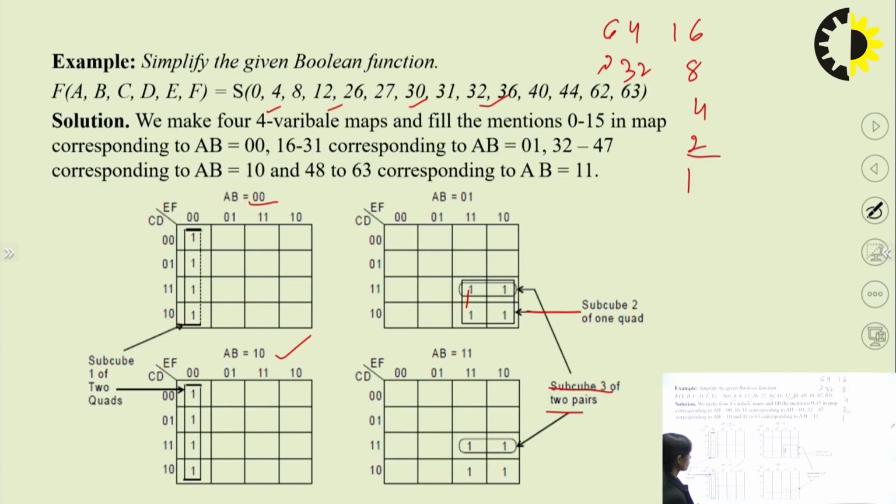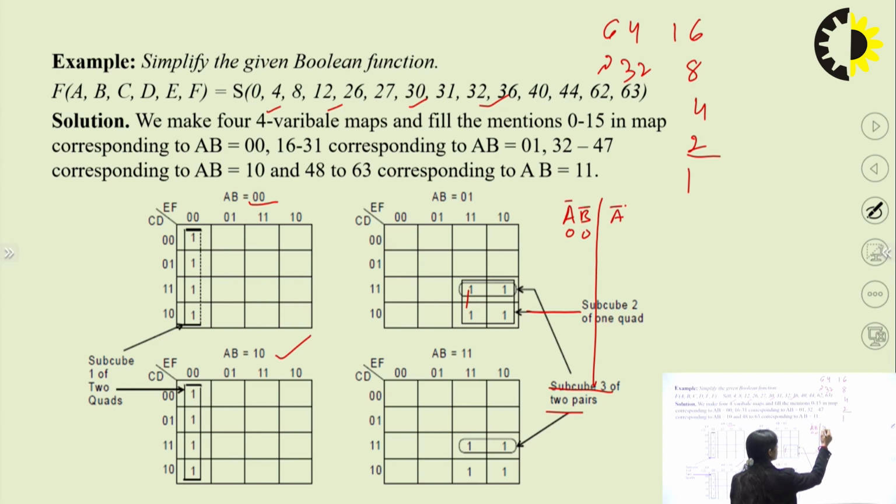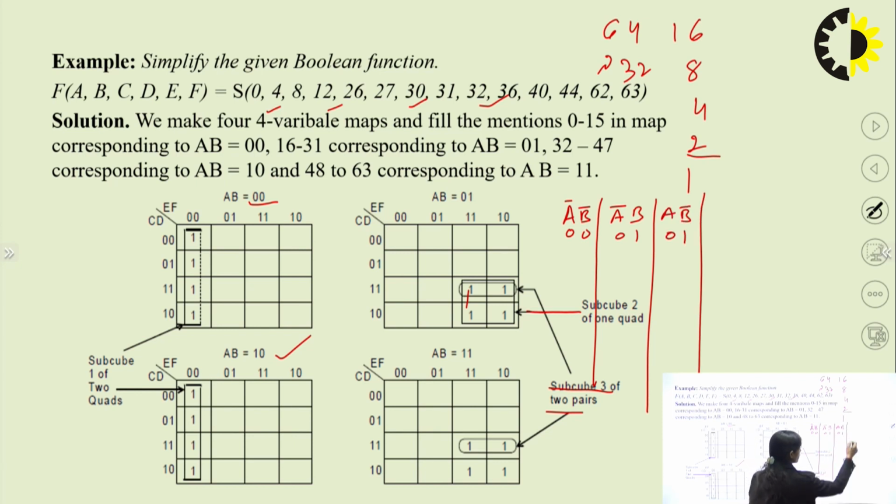After this, if we are going to solve this, we have to form the 4 columns. For AB, first we are going to form for AB equals to 00, that means A bar B bar, then A bar B, that is 01. We are going to form the 4 columns here: A B bar, that is 10, and at last we have AB, that is 11.